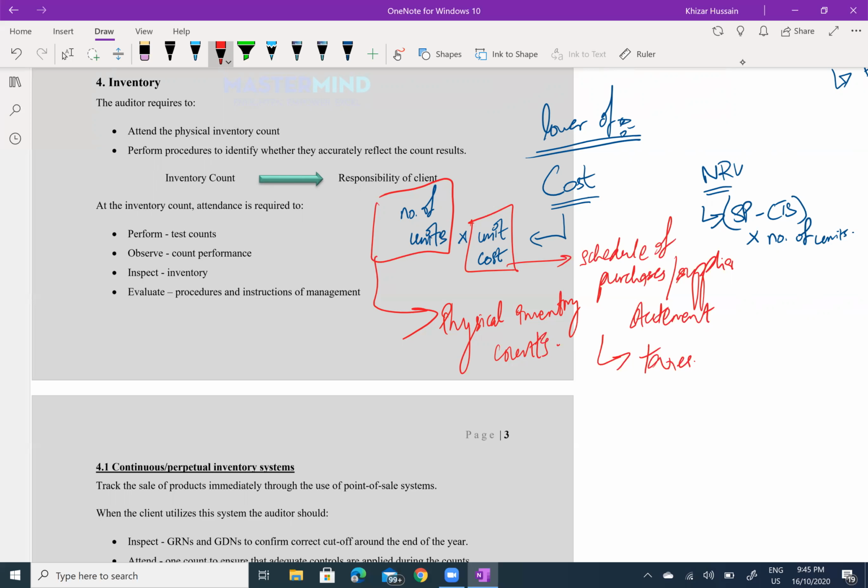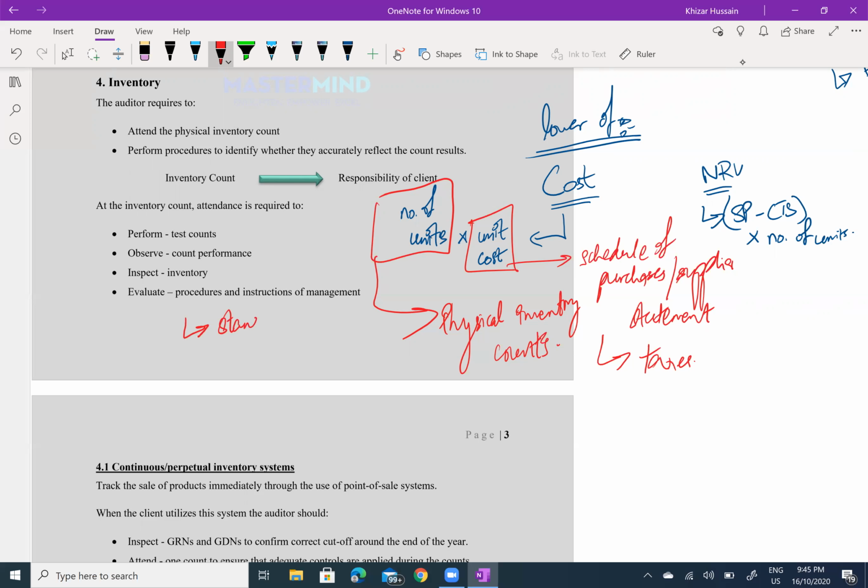The point is, again, procedure is an act. It's an action that you take to verify the balance. All right. So schedule of purchases or supplier statements, right? Taxes, production costs, whatever your standard cost is. Remember standard costing?